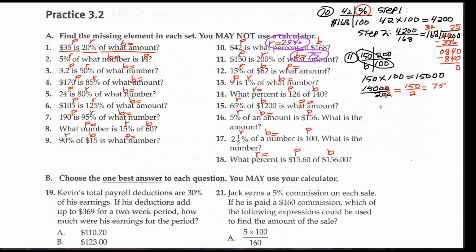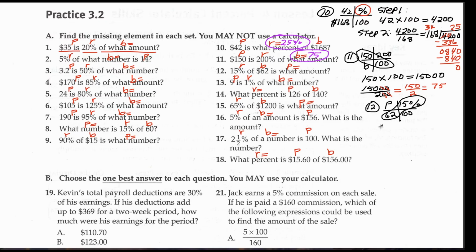And we can circle that. Number 12. Why don't we do number 12 over here? Okay, big plus. 100 goes here. 15% goes here. $62 goes here. And we don't know the part, so put P for that. Step 1. Multiply 15 by 62.